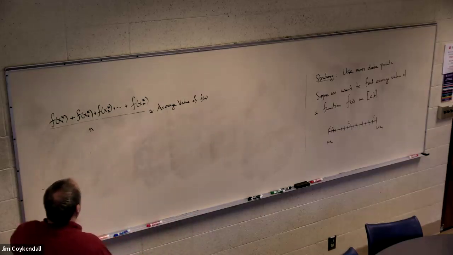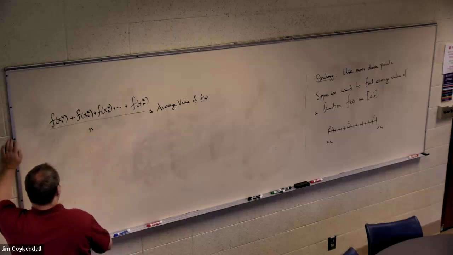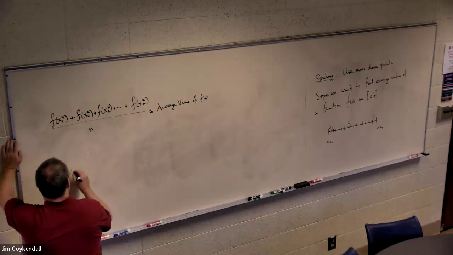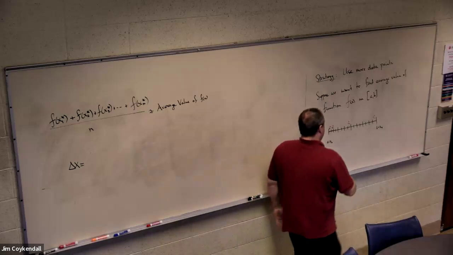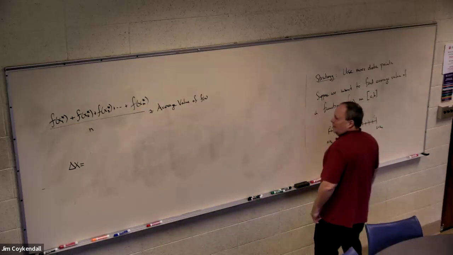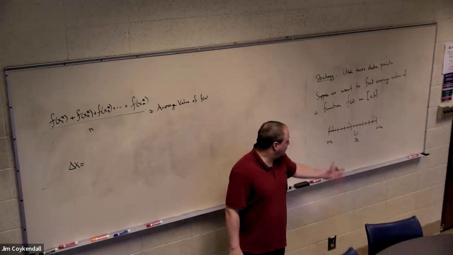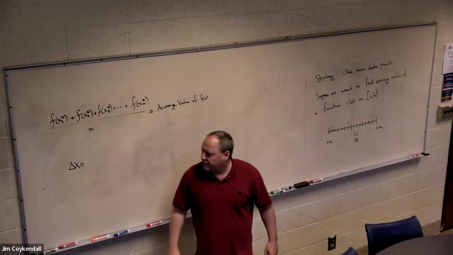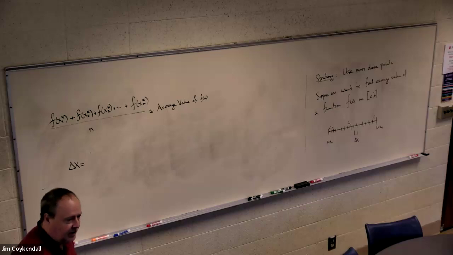Now, I'm going to make a little adjustment in here. Notice that the delta x, the width of each of these intervals, they're all the same, right? Because I assume that I've broken it up evenly. What is the width of each interval for this particular situation?